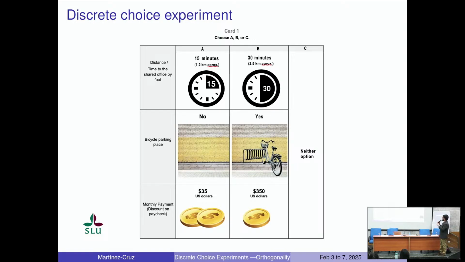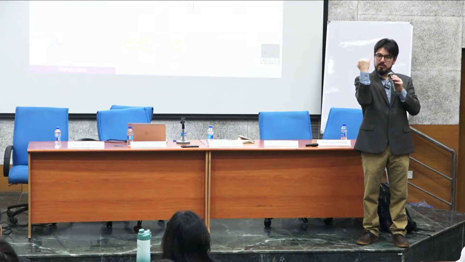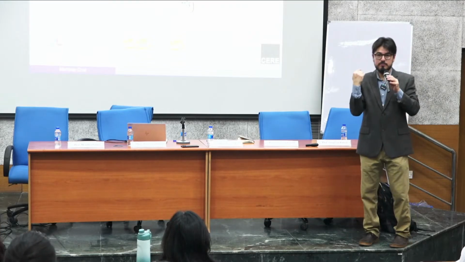Then whether the office where you're going to be working has or has not safe biking spaces. And then the monthly discount, which is going to be 35, 100, 150, and 350, something like that. And I'm going to start answering your question. I have defined 3 attributes and their levels.